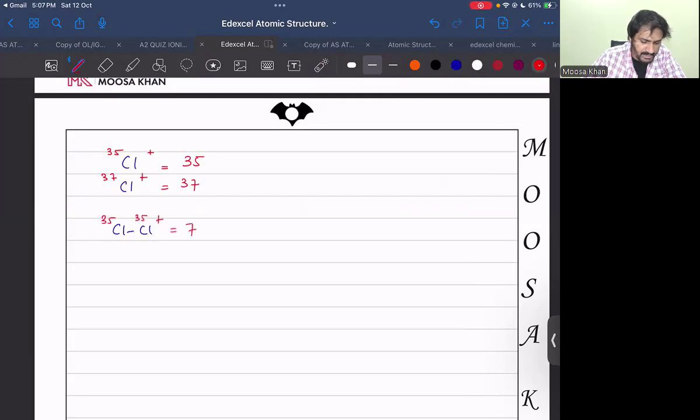So this is 70. And then we have a molecular ion peak in which both the chlorine atoms are of different masses. One is 35 and the other is 37. So this is 72. And never forget to write the positive charge over the peak.